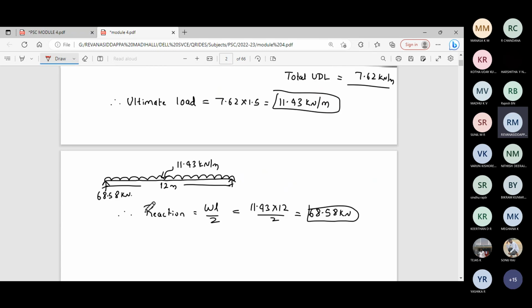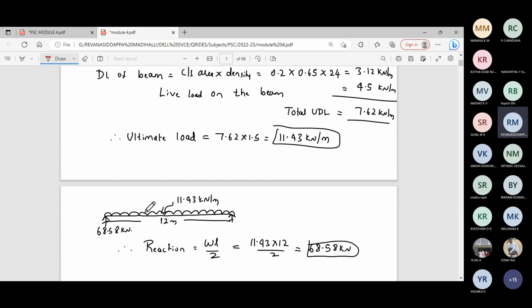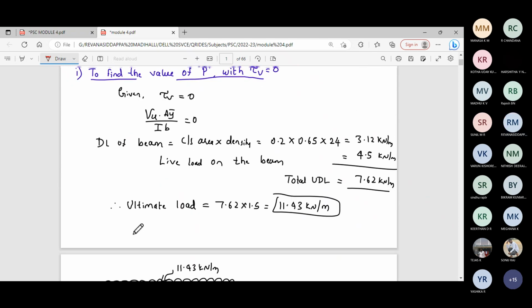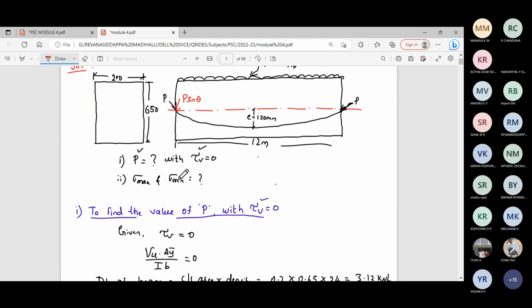I hope you are understanding. You have to consider the effect of pre-stressing force along with the effect of the dead load and the live load. The net shear force due to dead load and live load is plus 68.58 kilonewton.